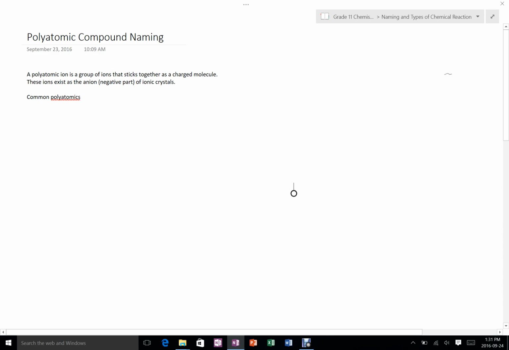So some polyatomics. Probably by the end of this course, just through practice, you should know the ones I'm about to write out. Nitrate. You wouldn't normally put the 1 minus. I'm just putting it there so that you can see what the charge on it is. That one's nitrate. Carbonate.